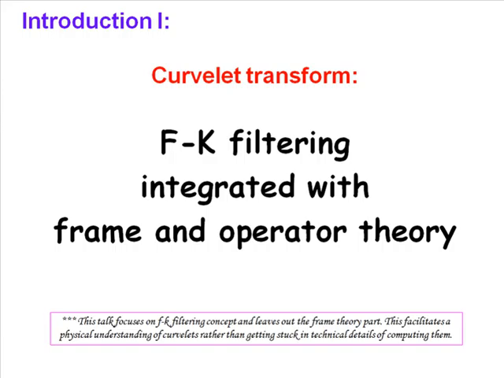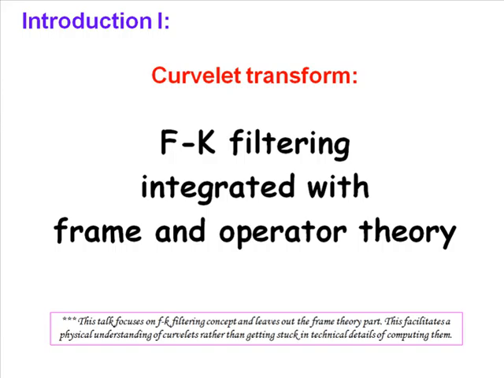Luckily, the Fourier transform has it built in. But if you are trying to do it in small windows, as curvelets do, you need to deal with lots of orthogonality problems and these things that all arise with frame operator theory. So I'm putting this fine print at the bottom to keep myself away from this part, which I'm not going to talk about.